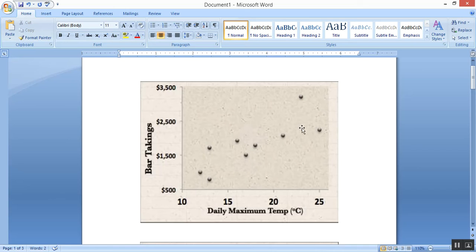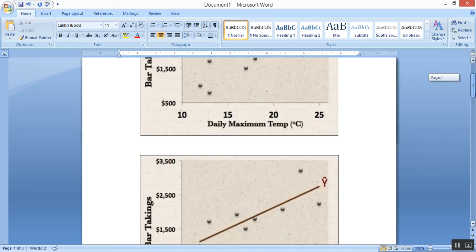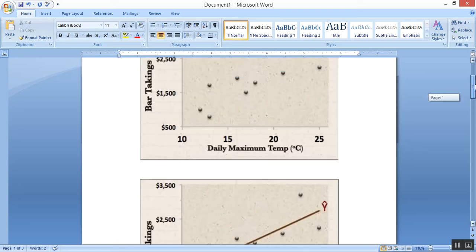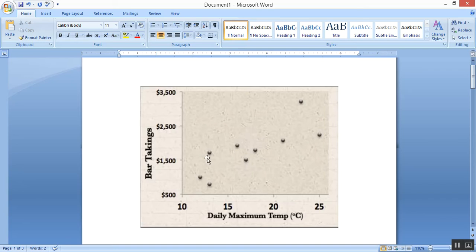Or rather, as my temperature increases, my earnings increase. Well, in a regression, you're basically trying to figure out how much of an increase you would expect to see inside each of these data points for the dependent variable per unit increase in the independent variable.